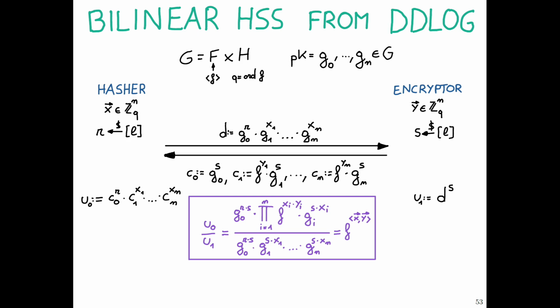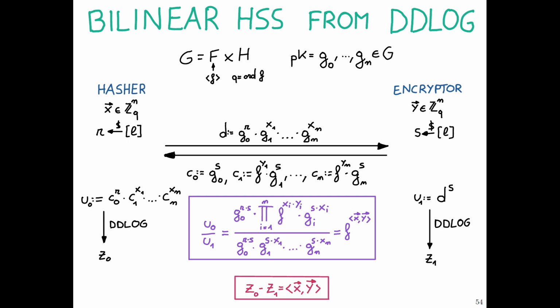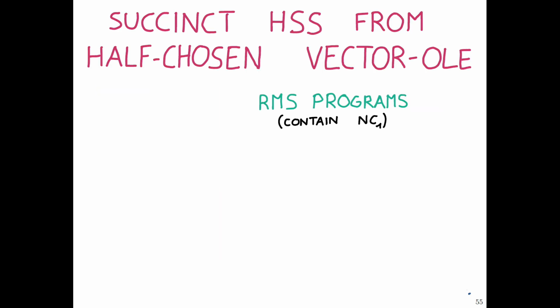In the end, we get f to the power of x dot product y. So the distributed discrete log operation gives us secret shares of the inner product of x with y. So we can build bilinear HSS, and we've already seen how that implies succinct half-chosen vector OLE.